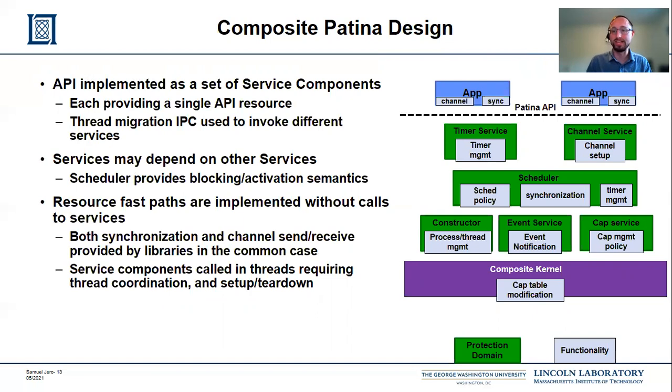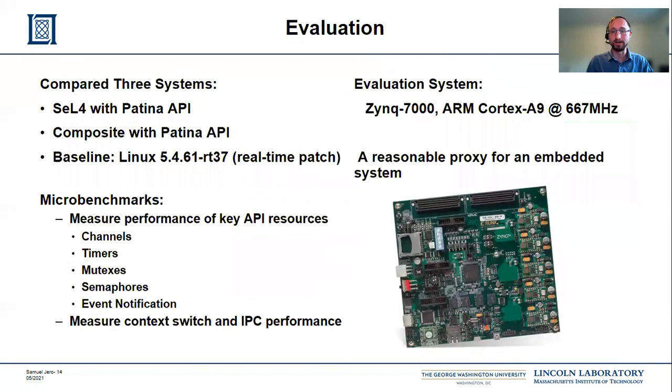Now, there's a lot more that we could say about both of these implementations, but due to time, we're going to have to move on and focus on our evaluation. In the evaluation, we're comparing three systems: our SEL4 Patina implementation, our Composite Patina implementation, and a baseline Linux 5.4 system with the real-time patch, to help us understand acceptable average and worst case performance.